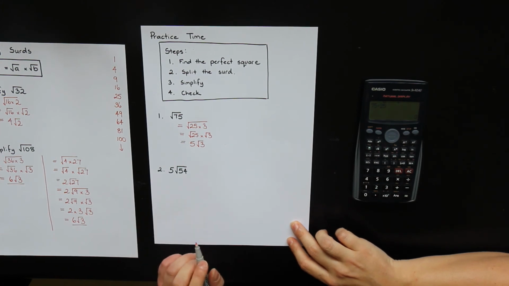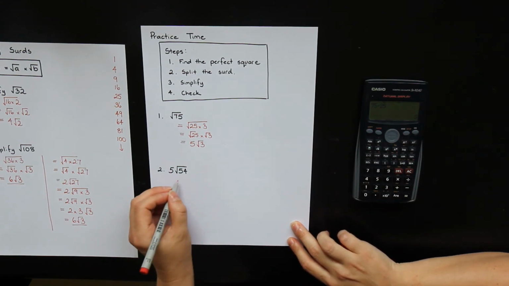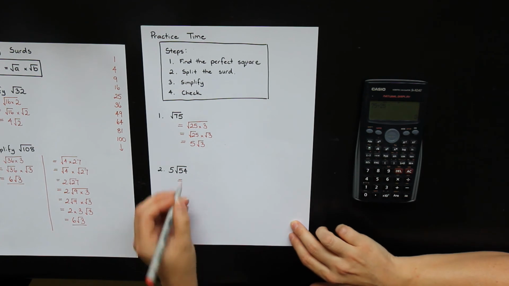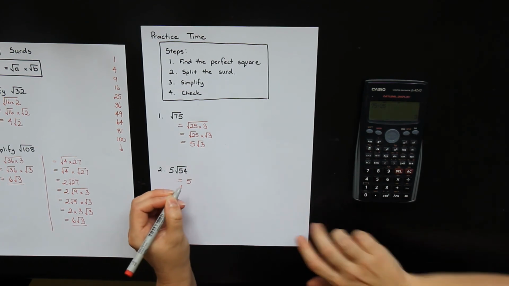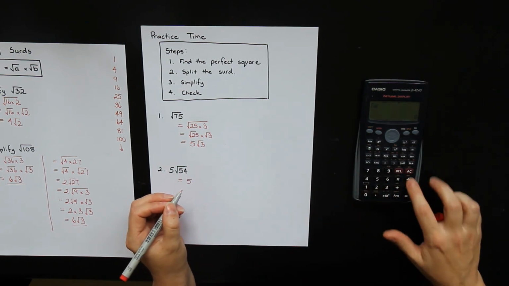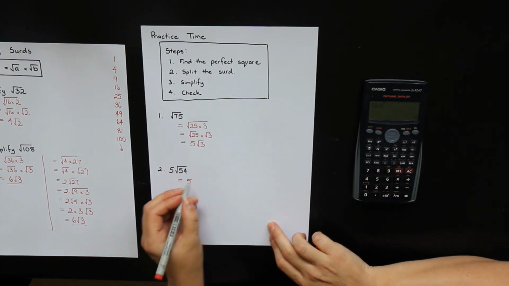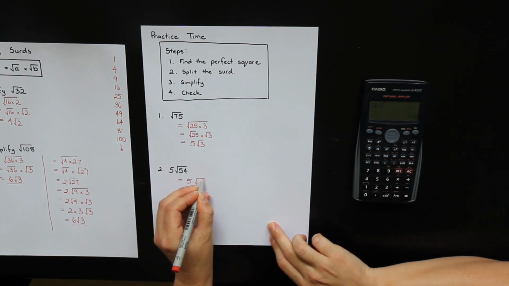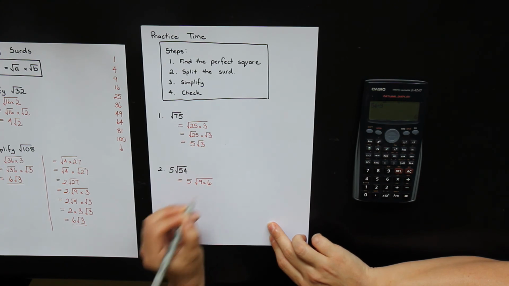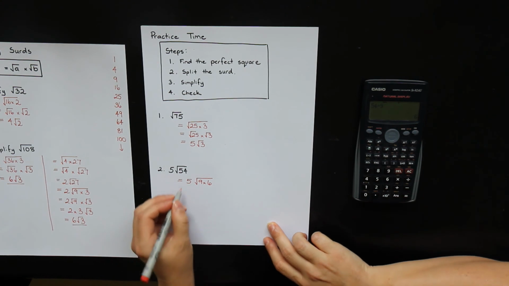And our second question, let's see how you went with that. So we have our 5 sitting at the front. 54, what did you divide that by? Did you divide by 9? Okay, so let's go 9 times by 6 makes 54.